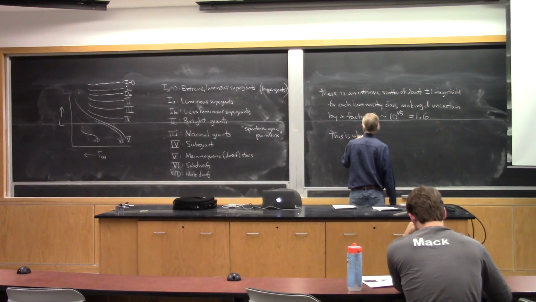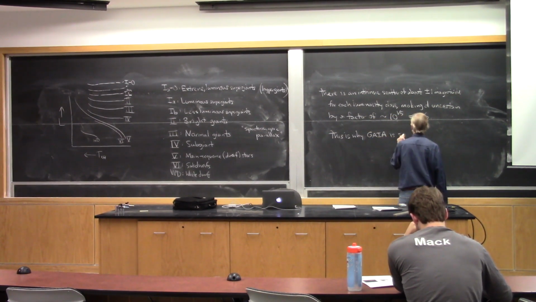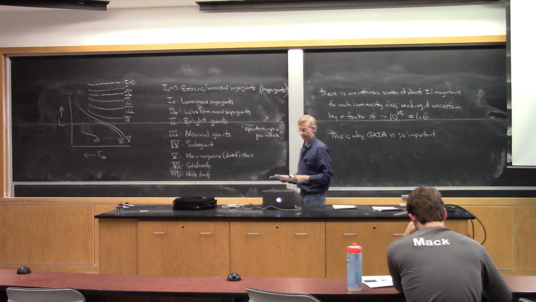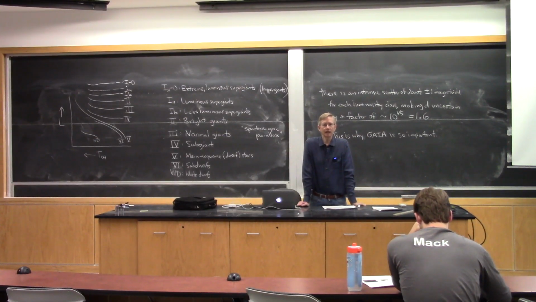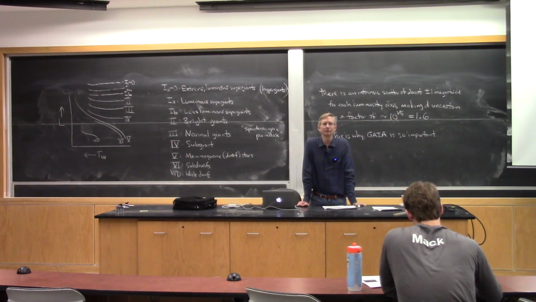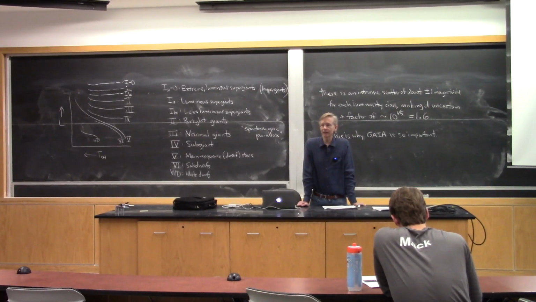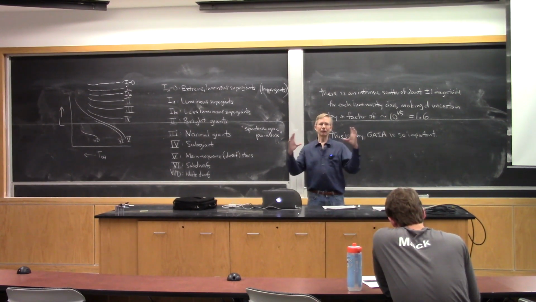Well, this is why Gaia is so important. So in particular, not only is it important for determining stellar parameters, but also it's cosmologically important, because you may know, if you've had cosmology, and you will know by the time we're done with 311, that there's a very important class of stars called Cepheid variables, where there's a distinct relationship between how long they take to pulsate and what their luminosities are.